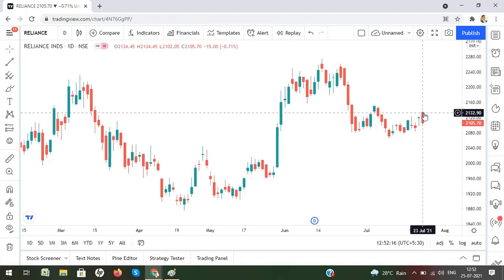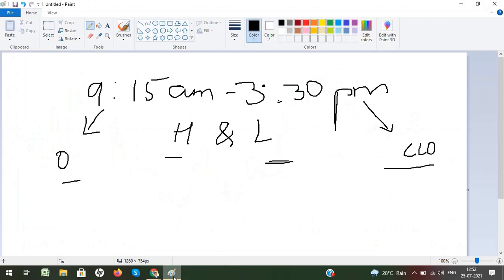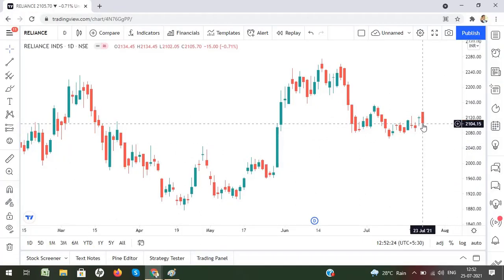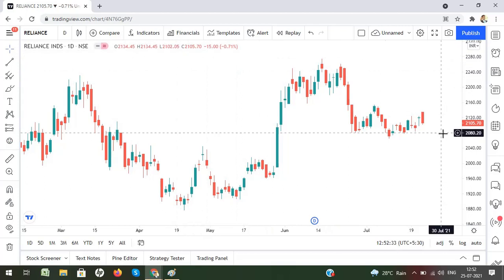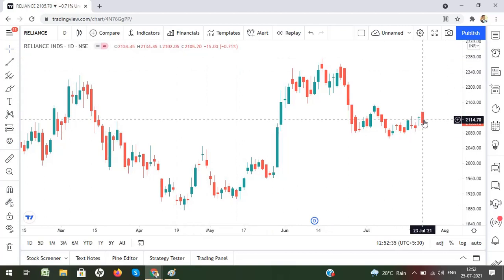Now you can see that it's a red color candlestick. What did we just discuss about a red color candlestick? When the closing price is below the opening price. So let's see whether the closing price is below the opening price. Referring to the open, high, low, close numbers here, the closing price is 2105.70 and the opening price is 2134.45.